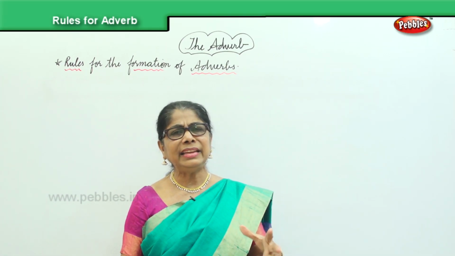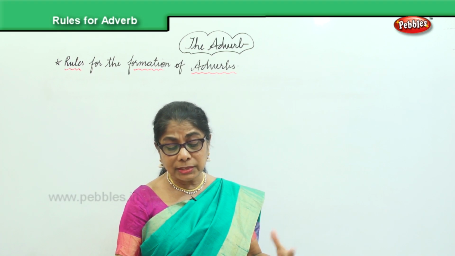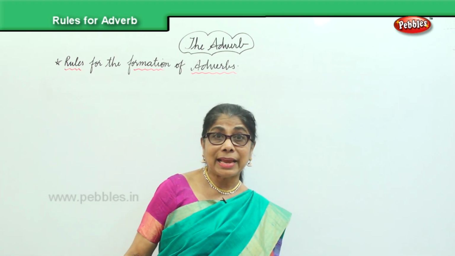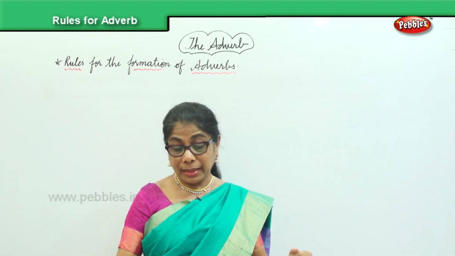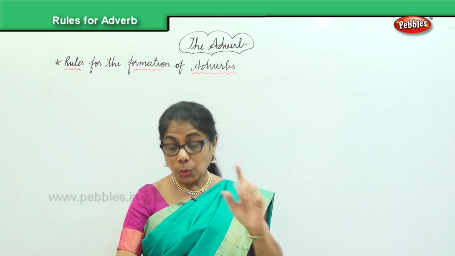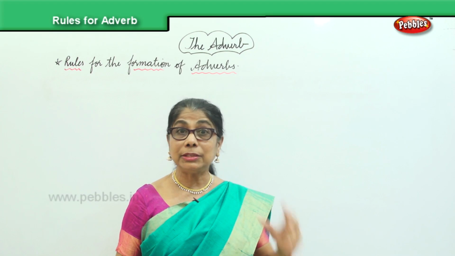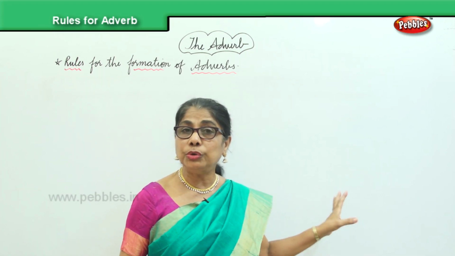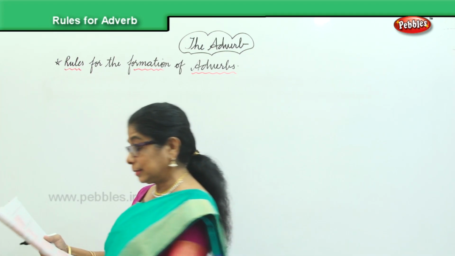And finally, some words can be used both as adjectives and adverbs. It is the use of the word which determines whether it's an adjective or adverb. That's what we are going to look at now in this exercise.